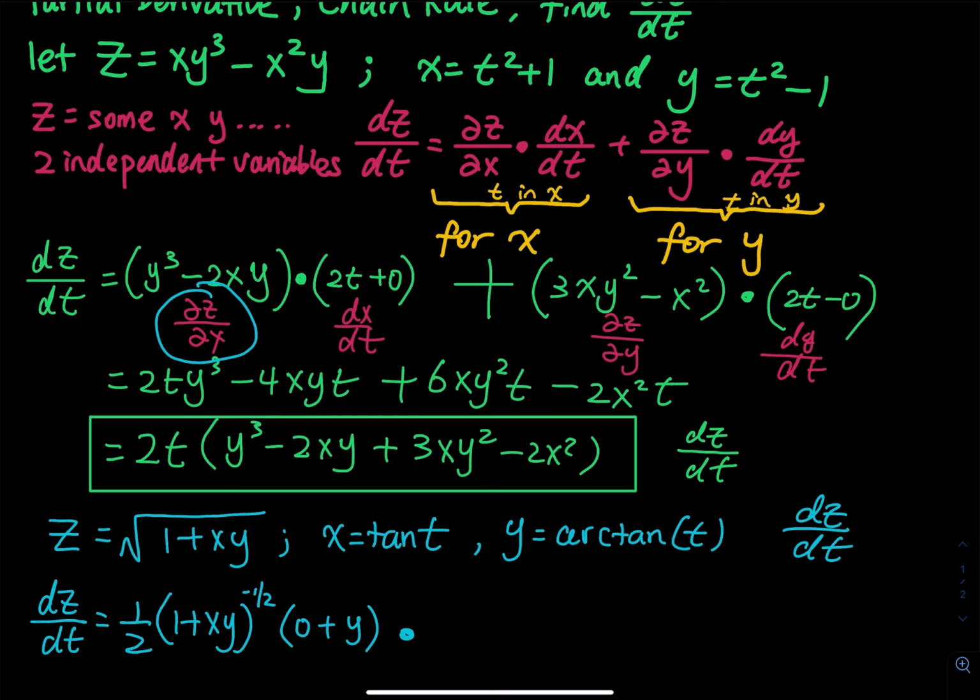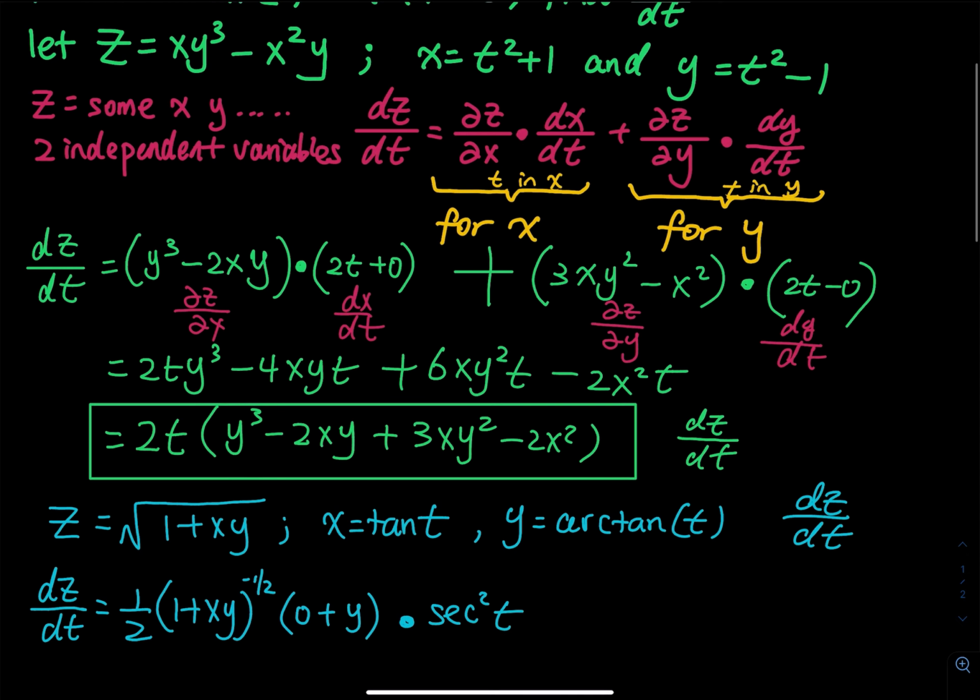When I was a student, I would just call that a partial z with respect to x. And then we take the derivative of x with respect to t. The derivative of tangent is, still remember that? That is a secant square of t. And then we do a big plus. Now, partial derivative with respect to y, the first piece is the same thing. You bring the 1/2 down, and then 1/2 minus 1 is negative 1/2.